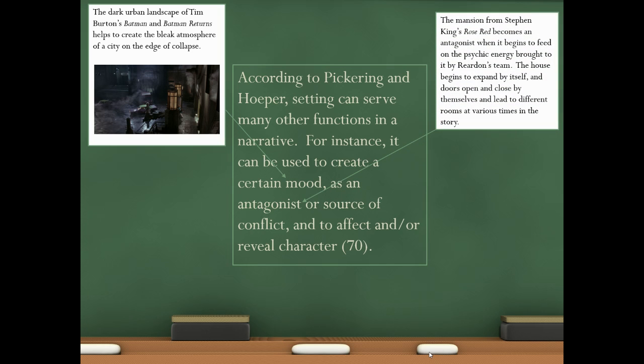If you think about the Stephen King written miniseries Rose Red, the mansion from this series becomes an antagonist when it begins to feed on the psychic energy brought to it by Reardon's team. The house begins to expand by itself, and doors open and close by themselves and lead to different rooms at various times in the story. So that's where the setting becomes an antagonist.